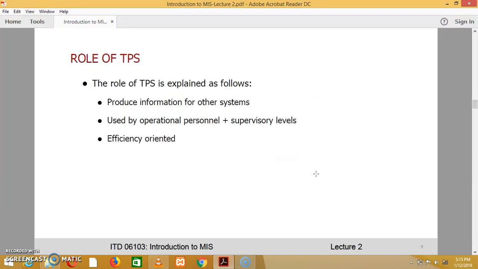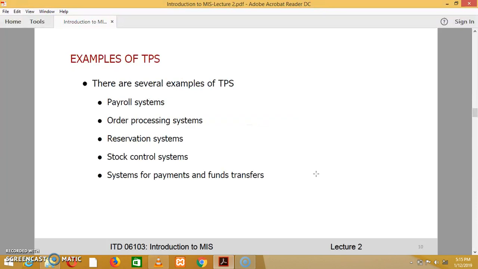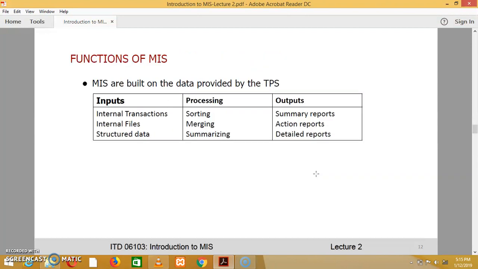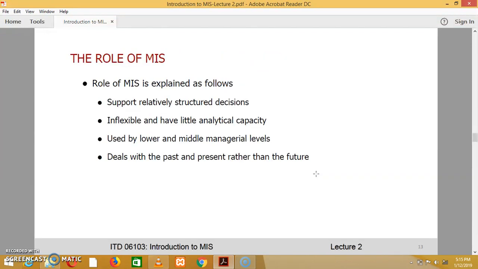And that management information system has some important and very crucial things that you have to understand. We call them MIS in abbreviation, and they help in making decisions and decision strategies.